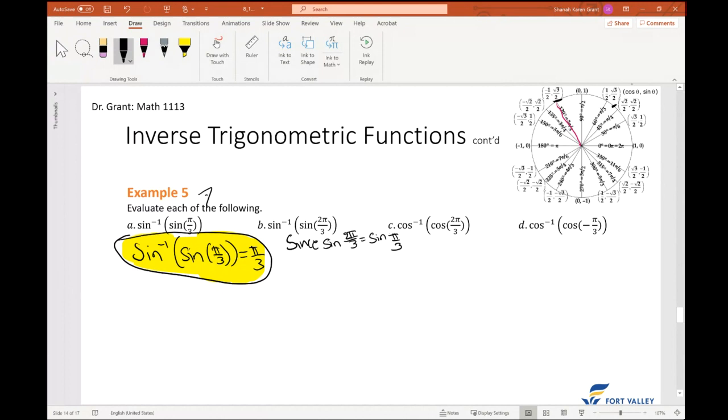Since sine of 2 pi over 3 is equal to sine of pi over 3, then that means sine inverse of sine of 2 pi over 3 is equal to pi over 3.